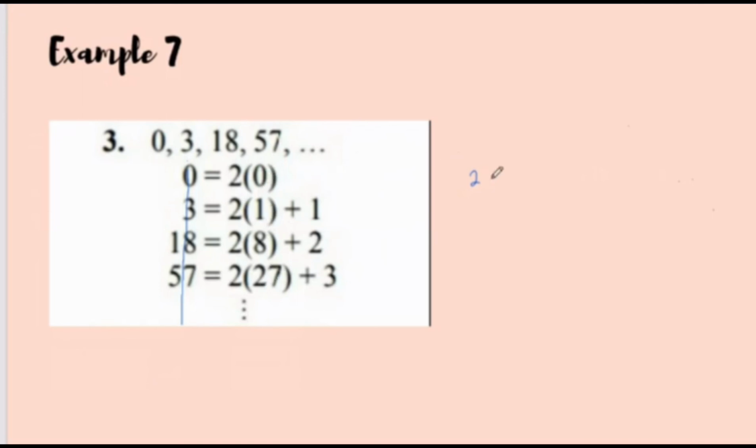So just write down n powered by 3. And then write down the second difference, that is plus n. As usual, don't forget to state n's value.